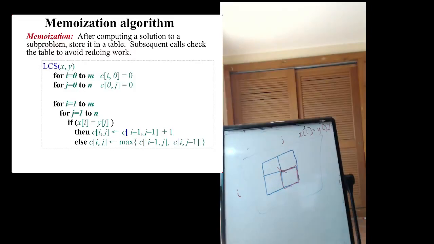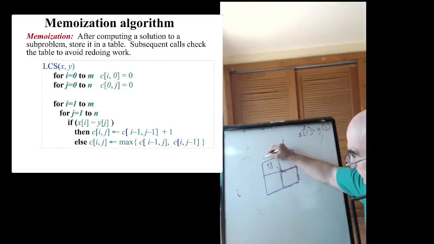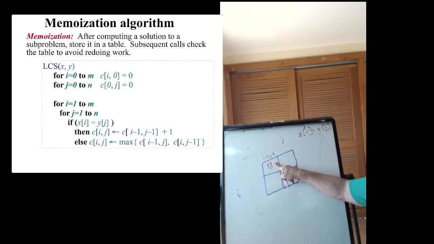That is, if in the diagonal cell above, the number is 18, I was able to match 18 characters in the i minus 1, j minus 1 case, then the number that I'll write in the red cell will be 18 plus 1, making it 19. That's if x_i equals y_j.